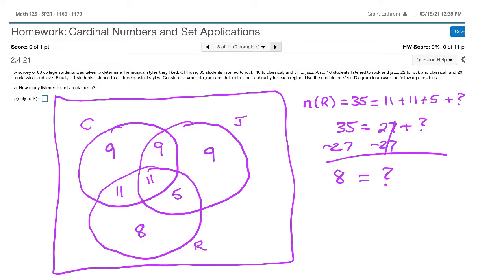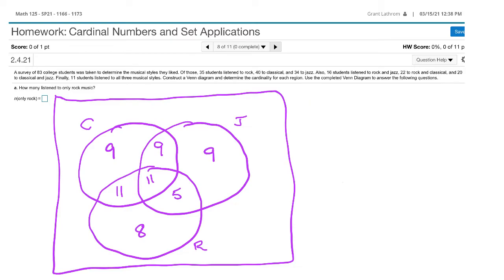And so now how many people do I have only in my survey? So in the survey itself, I'm told that I have a total of 83 college students. Well, of those 83 college students, how many have I accounted for? Well, I have 9 plus 9 plus 9 from the 3 regions across the top.